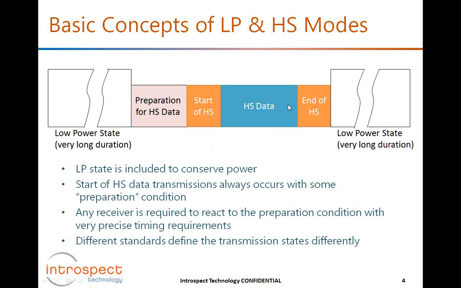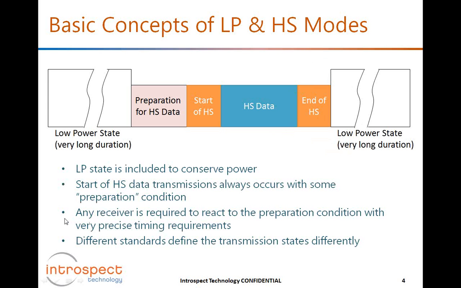Then at the end of the HS data, a marker is generated that says, okay, I'm stopping the transmission now. I don't need to transmit any more data, and I would like to go back into low power state. So this would be the end of the transmission state. The key really is how the transition happens from LP to HS, from low power to high speed, and also from HS to LP, from high speed to low power, right at the very end.